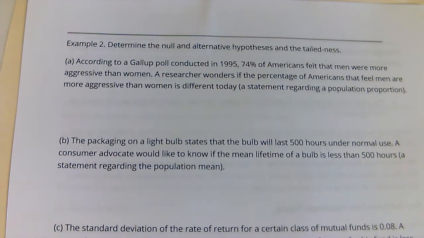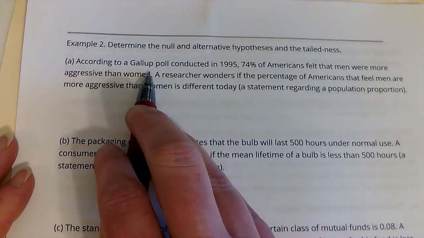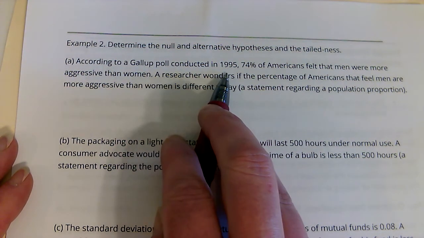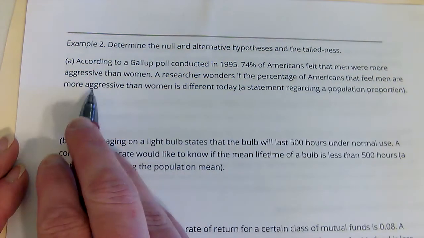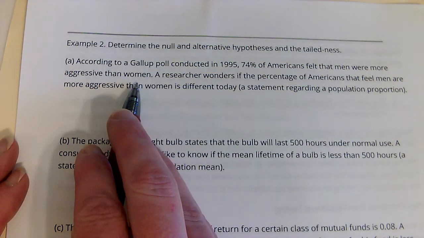So we're just going to practice setting these up right now, deciding what our null and alternative hypothesis is, and whether it's going to be a two-tail test or a left or a right tail. So, according to the Gallup poll conducted in 1995, 74% of Americans felt that men were more aggressive than women.